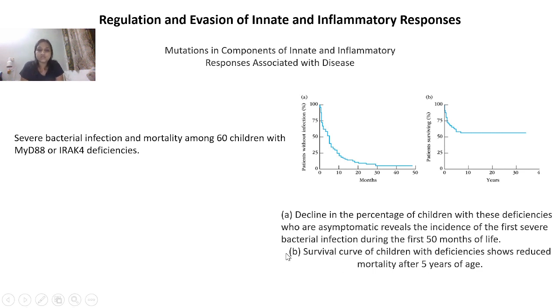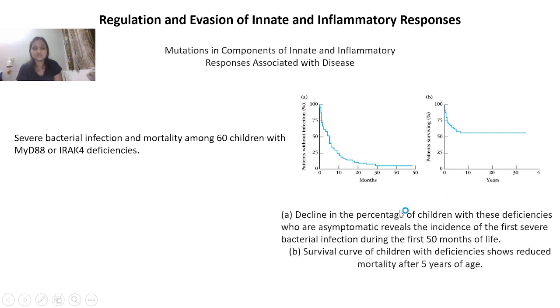So here you can see some 60 children had a mutation in MYD88 or IRAK4 deficiency. This I have already discussed in the previous class. MYD88 is an adapter and IRAK4 is a protein, and these two proteins are very much needed for the downstream signaling by different kinds of TLRs and other PRRs.